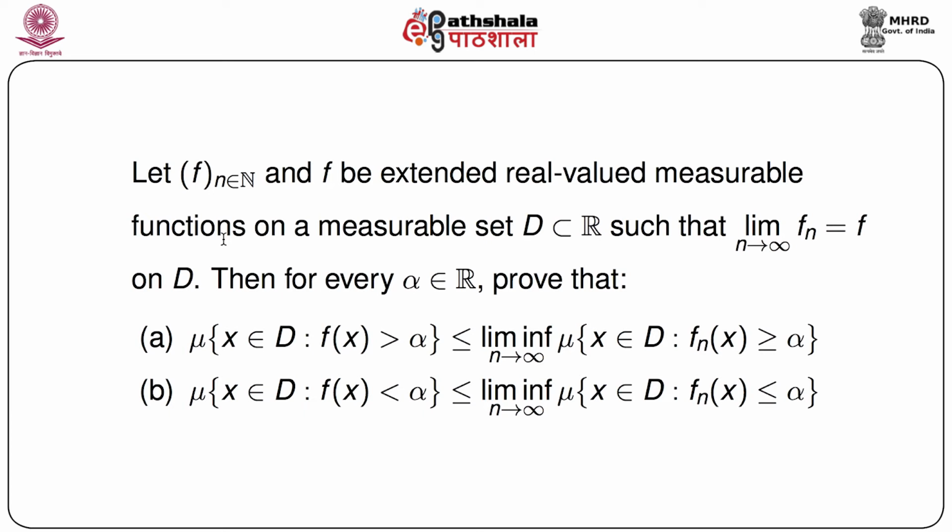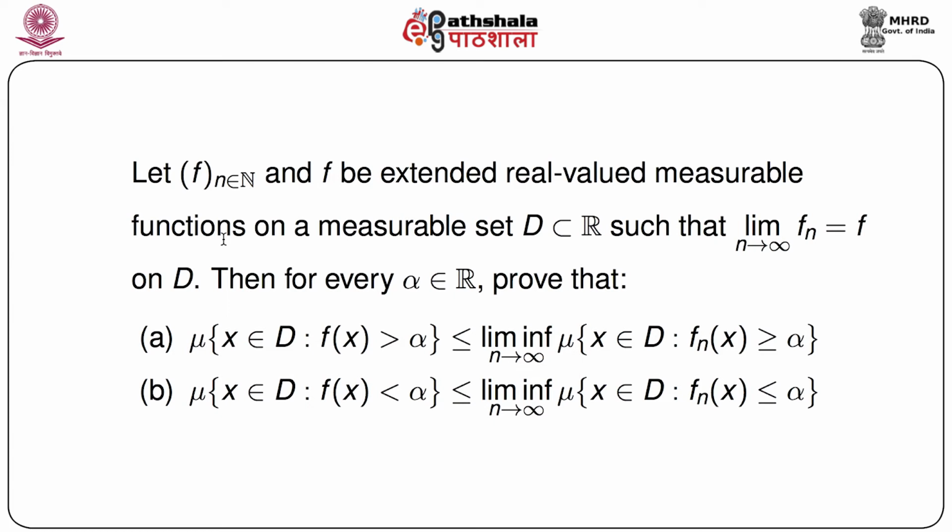Then for every alpha belongs to R, the real line, we have to show that mu of the set x belongs to D, f(x) greater than alpha, is less than or equal to liminf as n goes to infinity of mu of x belongs to D, f_n(x) greater than or equal to alpha.